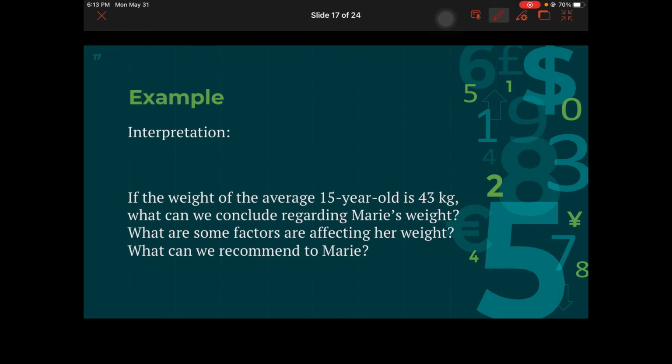It's just a comparison with the average weight of 15-year-olds. So if the doctor cleared her as healthy at wala naman siyang problema, then wala tayong pwedeng i-recommend sa kanya. Siguro just continue kung ano man yung ginagawa niya sa ngayon. Okay? So ganun natin nagiging meaningful yung data na binigay sa atin. Okay?